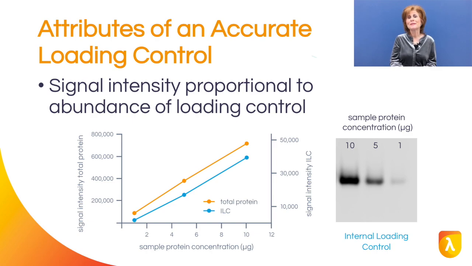These characteristics must be true for the internal loading control to stand in as our indicator of sample protein concentration. Otherwise, an internal loading control will not accurately correct for variability and can even introduce variability and noise during data analysis, making it harder to detect changes in your samples.